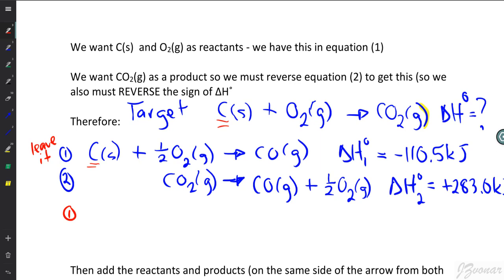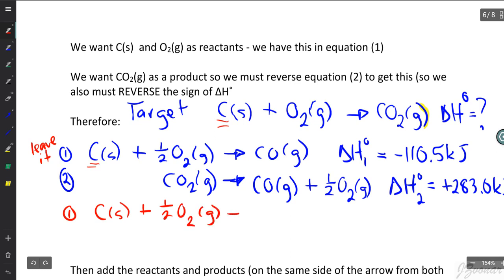Okay, so I'm going to rewrite that as equation number 1, as the equation as well. My delta H value stays the same at minus 110.5 kilojoules.